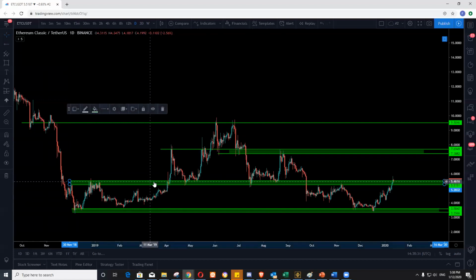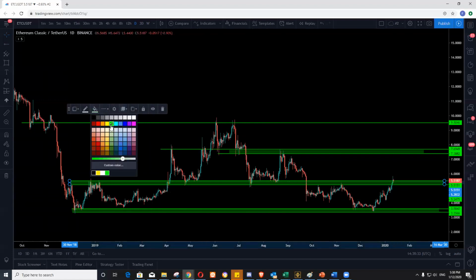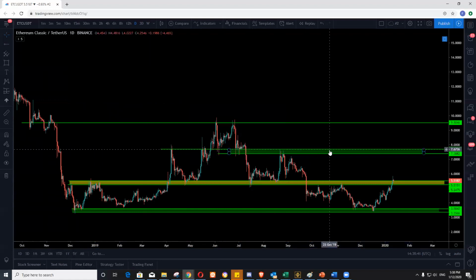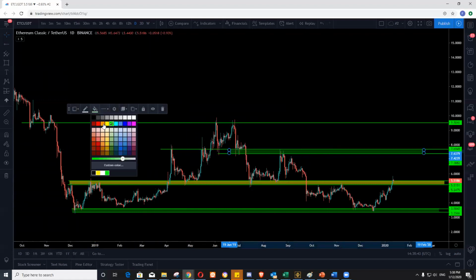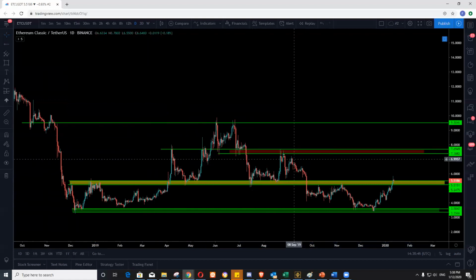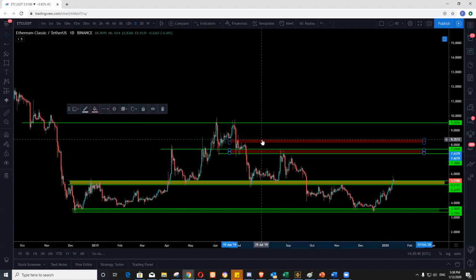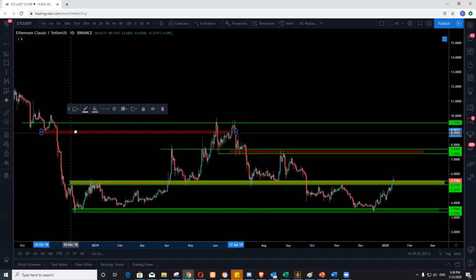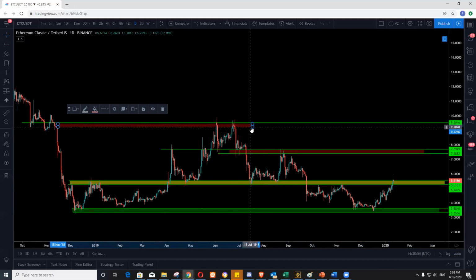Let me use this. We are currently tapping this, so let me use it as a yellow color. This is an upper level, so it's resistance for me. I will use red for resistance, and I will copy this. Also, this is another resistance based on the weekly charts.